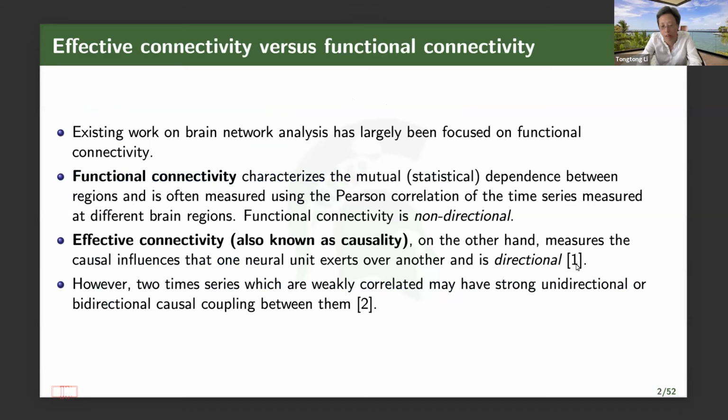Because it measures mutual dependence, functional connectivity is non-directional. Effective connectivity, on the other hand, is directional. It measures the causal influence, the impact, that one region or one neural unit exerts over another. Sometimes we also call that causality.